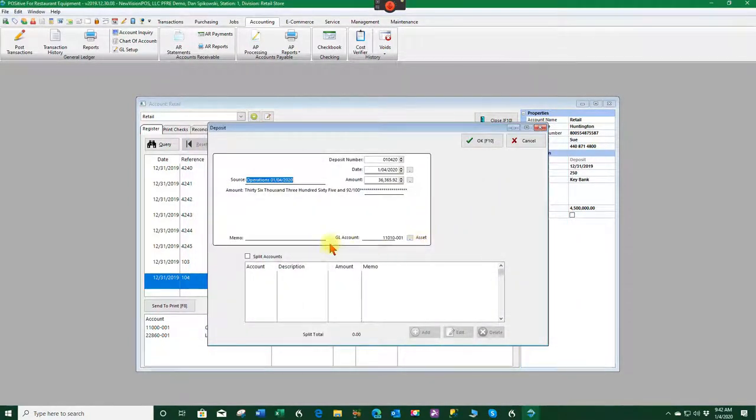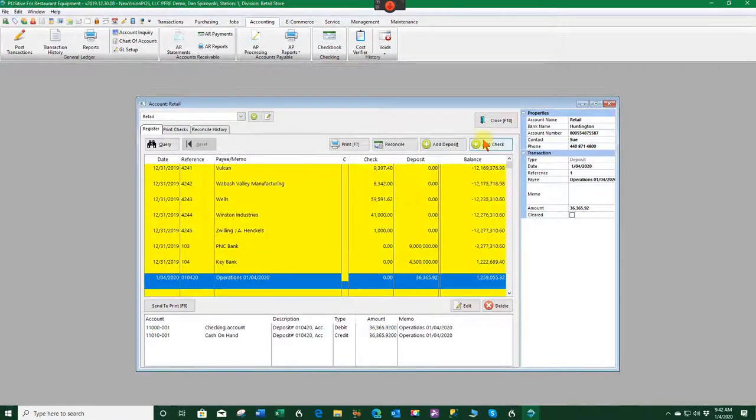So now that we have that cash on hand, that'll be a credit. Okay, so if everything is good, we click OK, and we see we have our deposit here for that dollar amount, and you can see it increased the dollars that we had in our existing account.